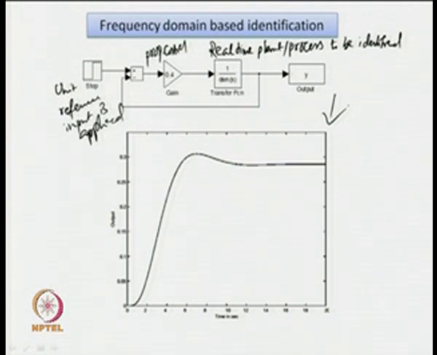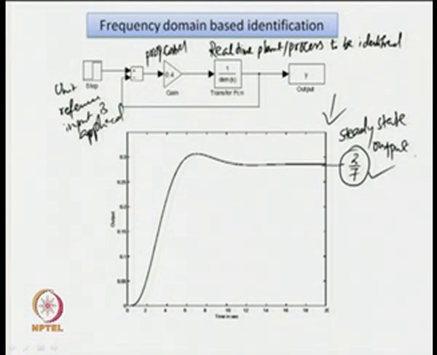Then from the output we can see that in steady state the output has assumed some value, which exact value is 2 upon 7. Now, this is known as the steady state output. So, when some unit reference input is applied, we get some steady state output of magnitude 2 upon 7.